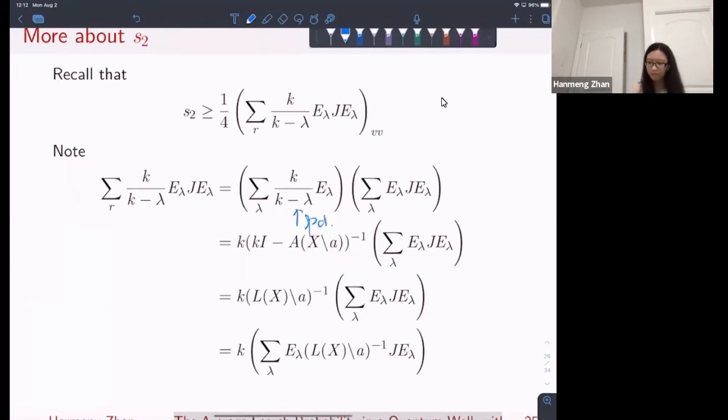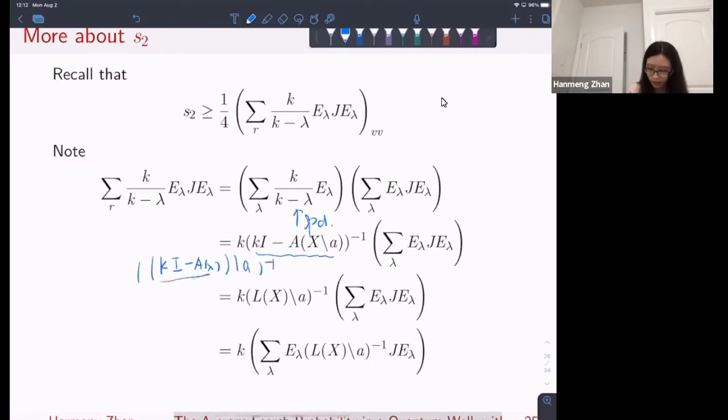And what's more, I can write this as a submatrix of the Laplacian matrix. So this is really kI minus A_X with the a-th row and column deleted.